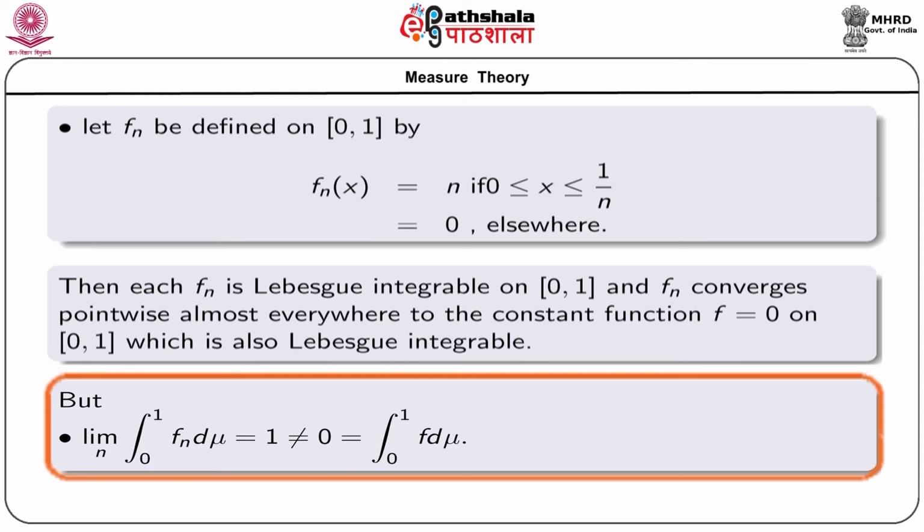So, we have a constant sequence of 1 only, and its limit is equal to 1, and of course, 1 is not equal to 0. So, in this case, though the limit function is Lebesgue integrable, the Lebesgue integral of the limit function is not equal to the limit of the Lebesgue integrals of f_n.